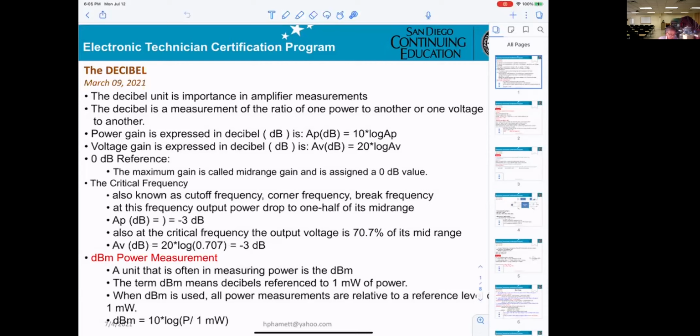Okay? The power gain is expressed in decibel, dB.